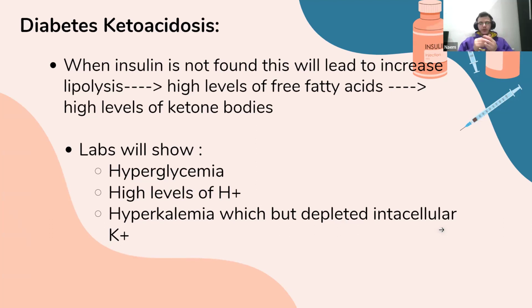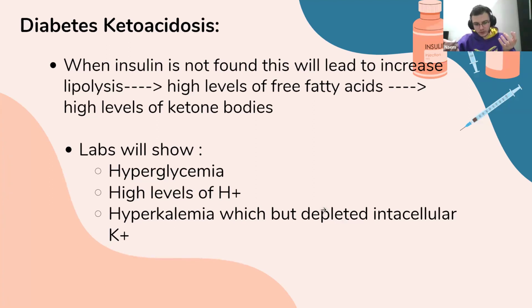In this case, where you have no insulin in the body, you're going to have very high levels of potassium in the blood, but this potassium can't enter the cell. That's why intracellularly, this potassium is very low. When there is no insulin, potassium doesn't go inside the cell and it stays in the blood.